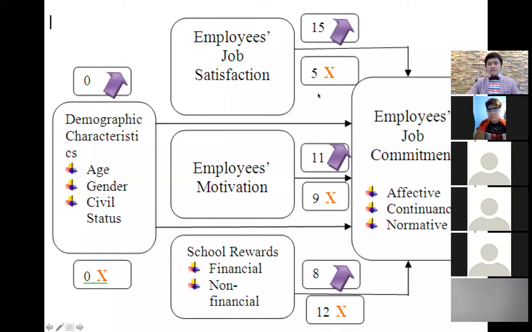However, there are 5 authors, yung X na yan, who found out that job satisfaction does not significantly affect employees' job commitment. So ganito yung gagawin, yung parang matrix, parang illustration, para madali kong malaman kung merong blind spot kaagad.